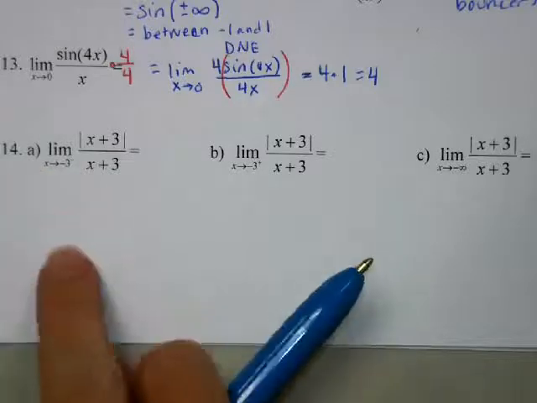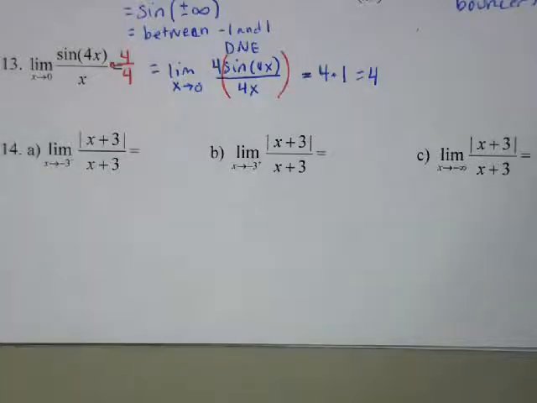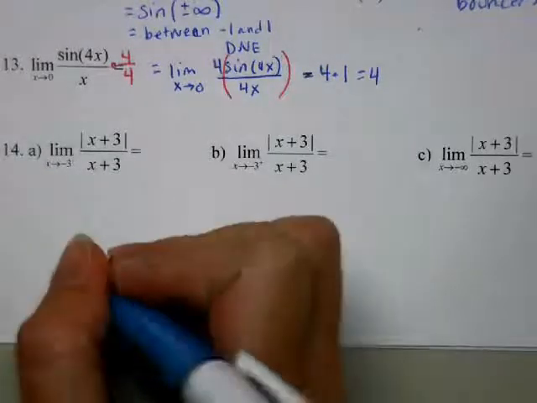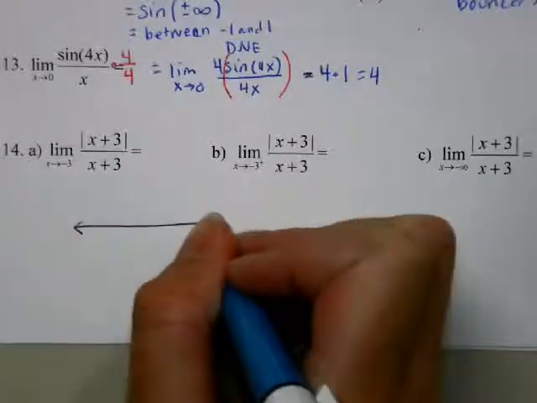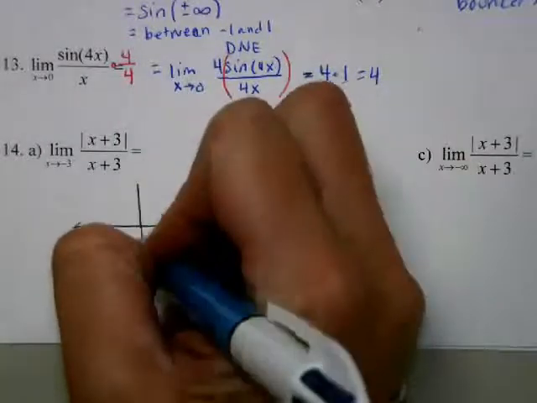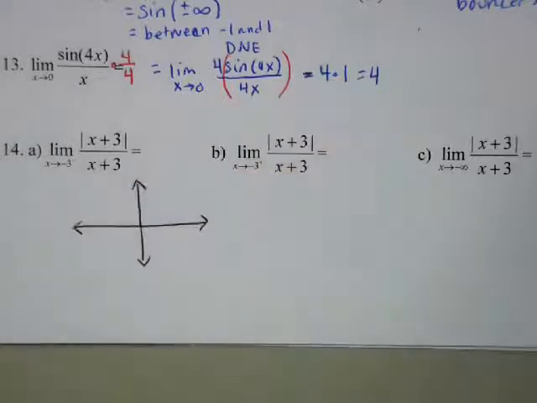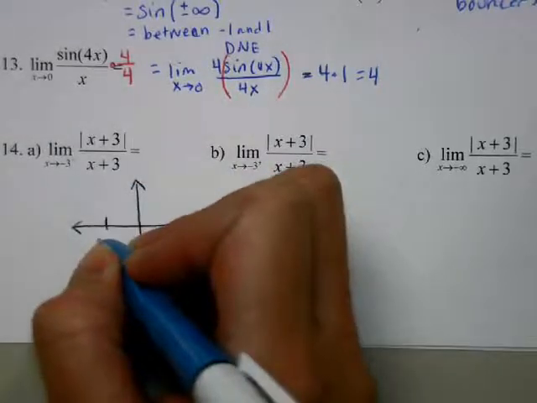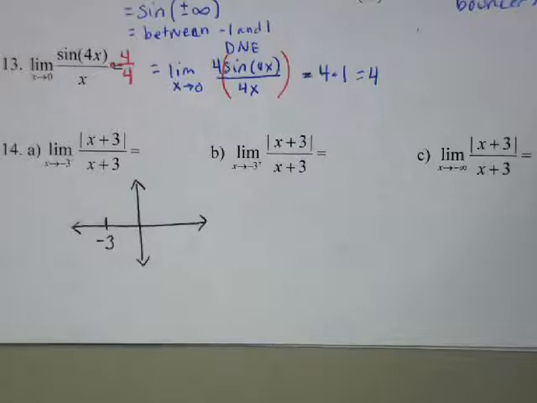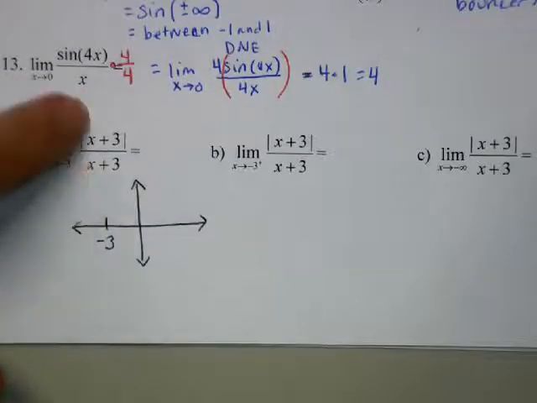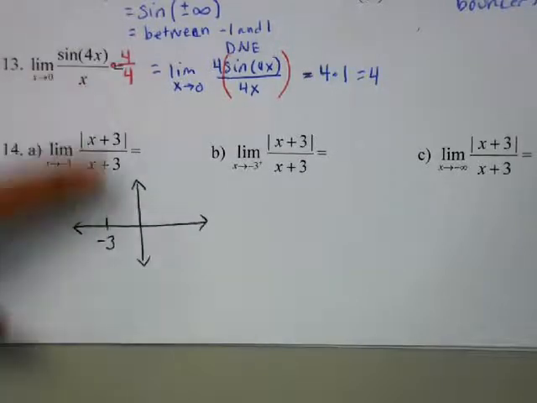Okay, these last 4, I'm going to again look at the graph, or think about the graph. So this whole thing is going to be undefined at negative 3. If I plug in a number bigger than negative 3, if I plugged in 4 or 5 or 6, you're going to end up with the same thing on both the top and the bottom.